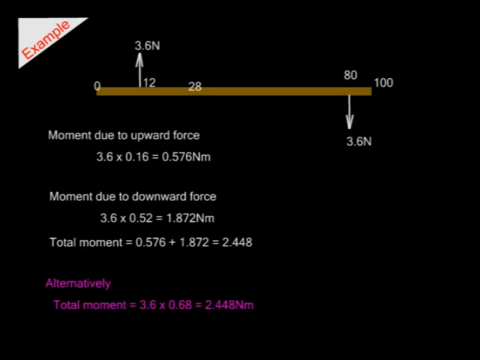The perpendicular distance between the two forces is 0.16 plus 0.52, which will give us 0.68. So force times that distance, 3.6 times 0.68, which will give us 2.448 Newton meters. The same answer we got from the first calculation.